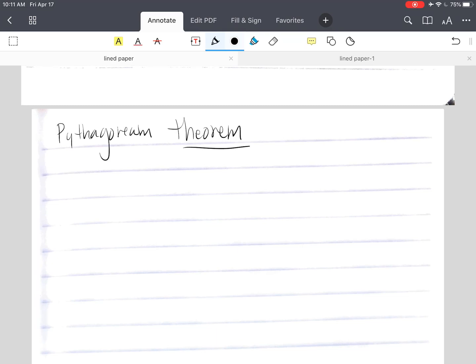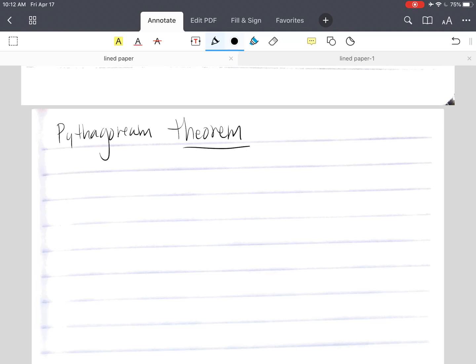This theorem has actually been known to be true across thousands of years in human history. Cultures across the world have discovered this theorem independently of each other. And I don't know why Pythagoras gets all the credit as being the one that discovered it.